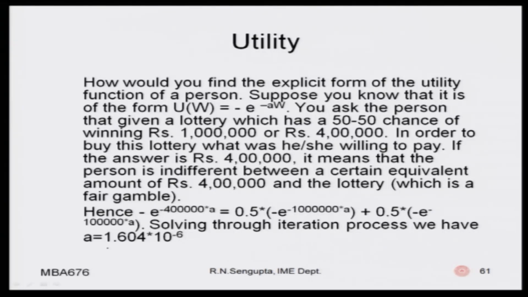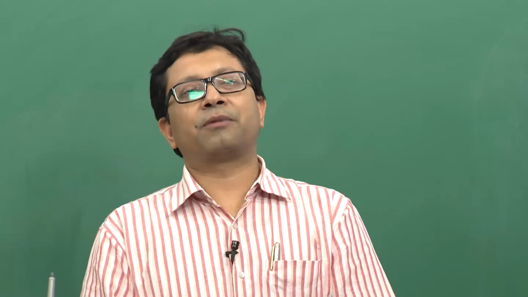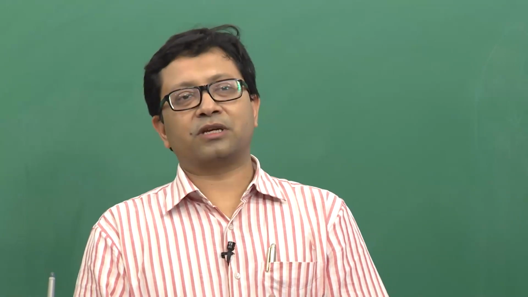If the person is a risk lover, the person would always think that the expected value of the lottery is greater than any concept of certainty equivalent. If the person is indifferent, the person would be indecisive between these two scenarios, and if the person is a risk hater, obviously he or she would prefer a deterministic value.